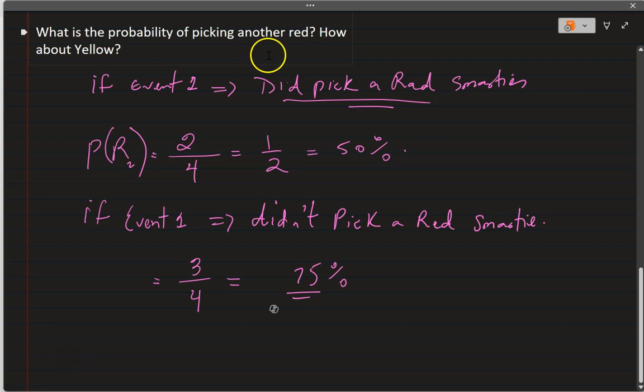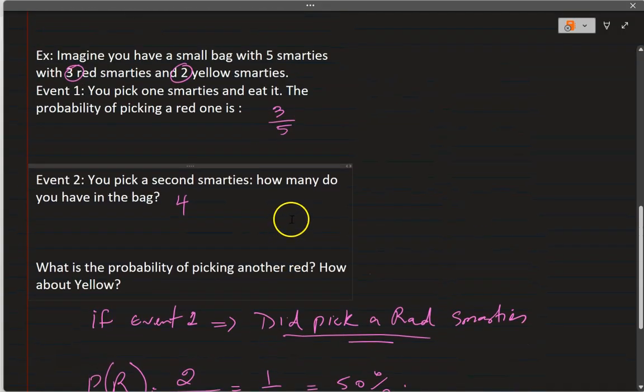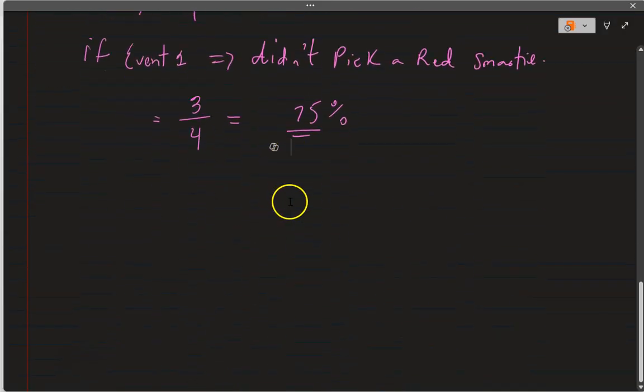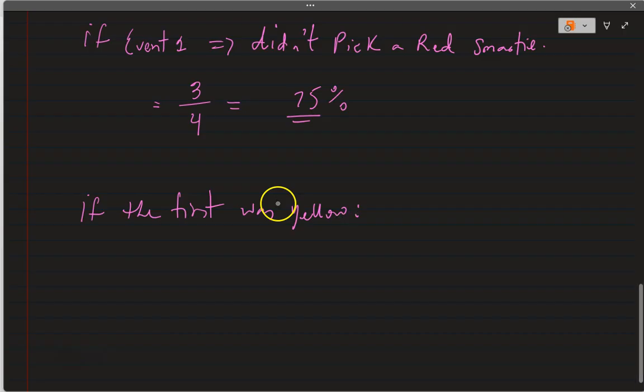And then we can talk about yellow. Well, the same thing happens with yellow, and I'm going to leave you with that. But the same idea: what if the first one you picked was yellow? Then you will have only 1 yellow left, so you will have 1 out of 4. That's the probability, or 0.25, or 25%.